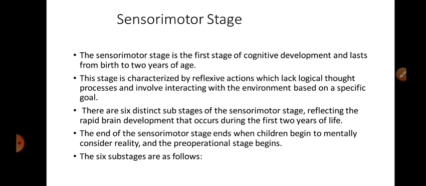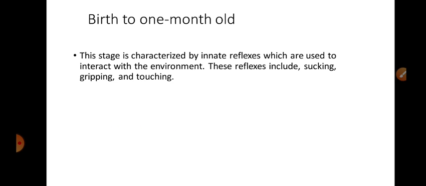The sensorimotor stage ends when the children begin to mentally consider reality, and the pre-operational stage begins. The six substages are as follows.